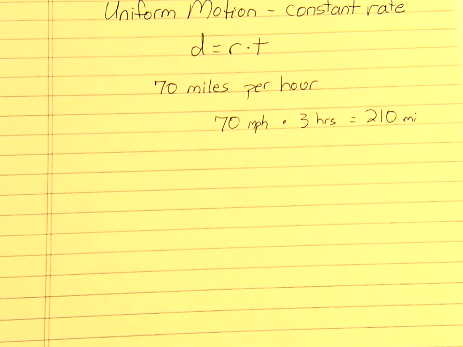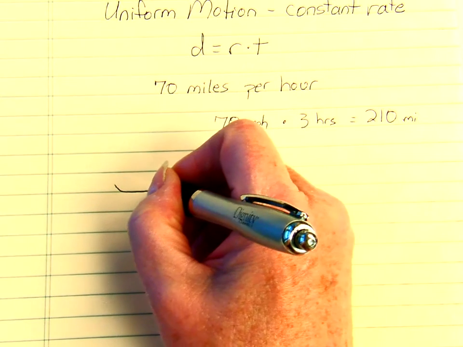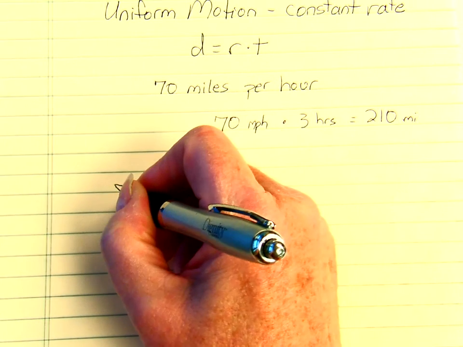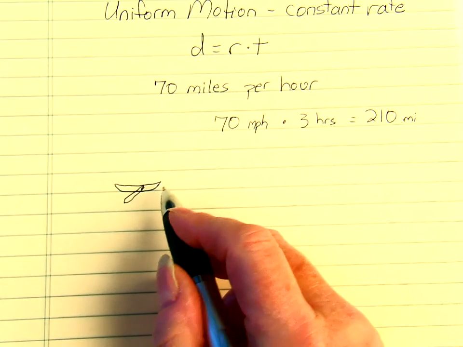In your book, they actually make a chart, but I usually draw things. So I'm going to be drawing somewhat of a canoe, with my paddle coming out of my canoe.